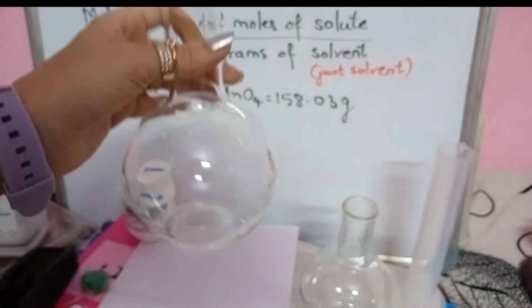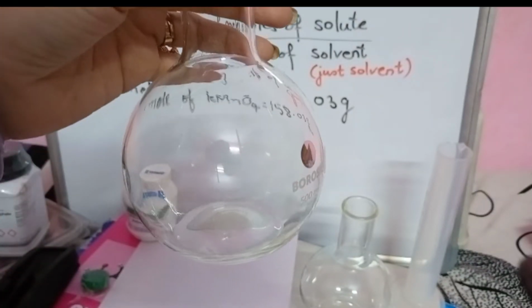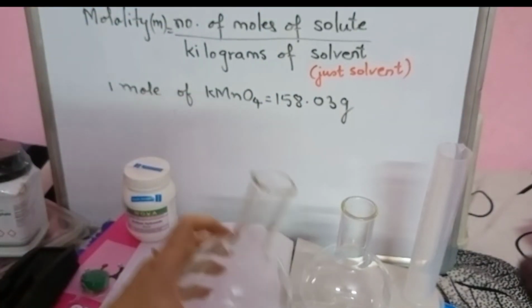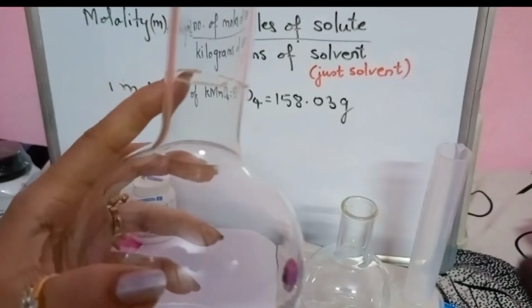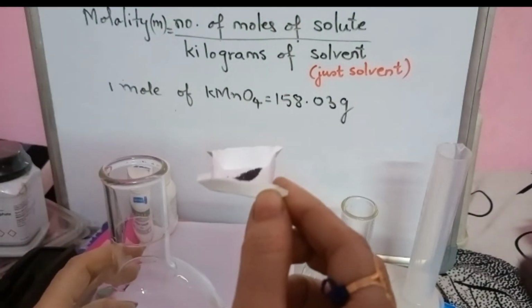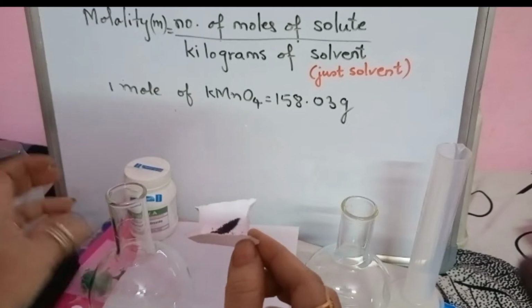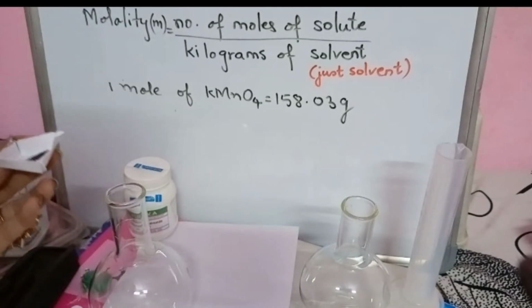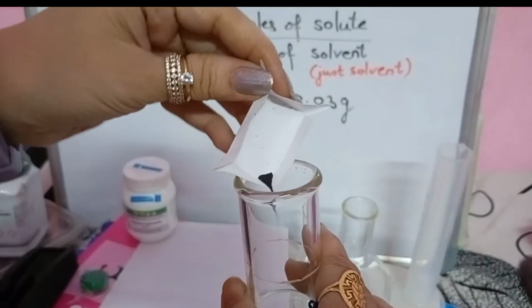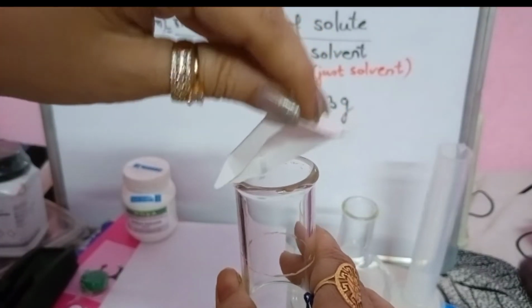I'll take this volumetric flask. It is marked for 1000 ml. You can see it is marked here. I'll take all the contents and empty it into this volumetric flask.